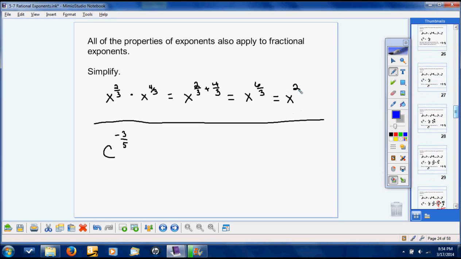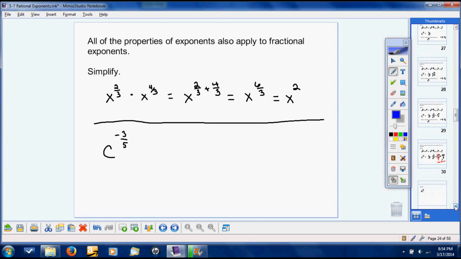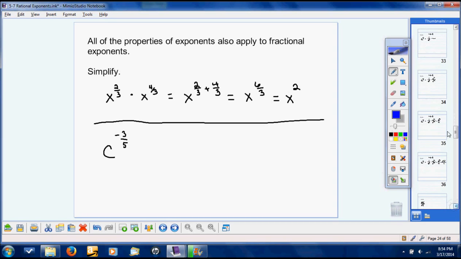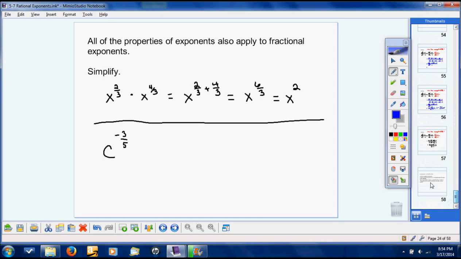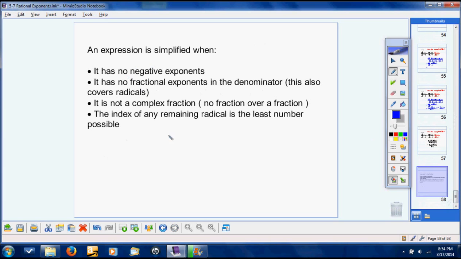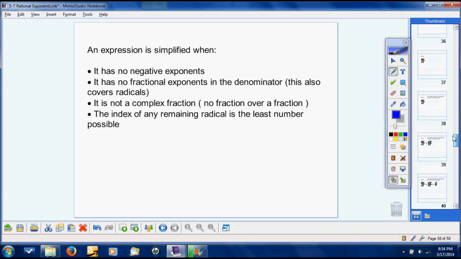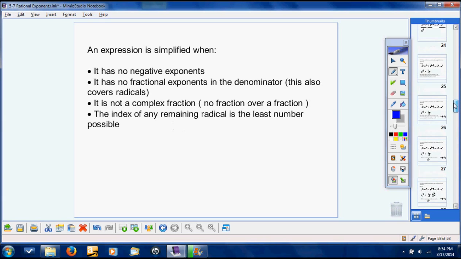X squared is the final answer because x squared has no negative exponents. X squared has no fractional exponents in the denominator. X squared is not a complex fraction, and there is no radical. It's just an exponent. Okay, so we got that one.